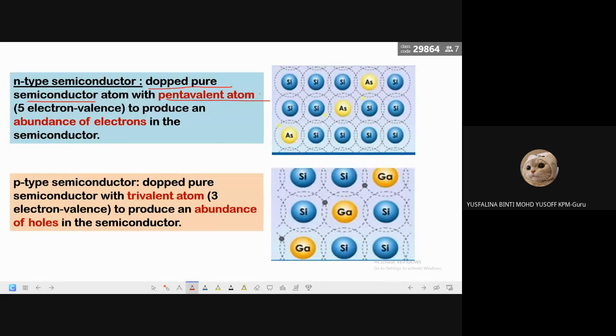So 4, and you dope it with a pentavalent atom. So 4 plus 5 is 9, right? You already know each orbit can only contain 8 electrons. So there is one free electron there, and that one will become a free electron.